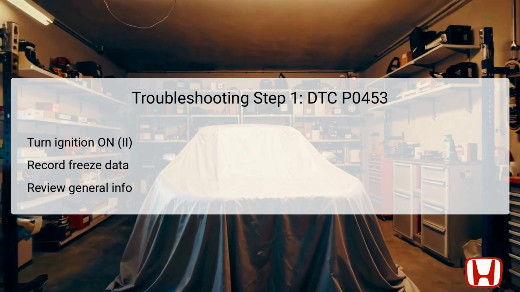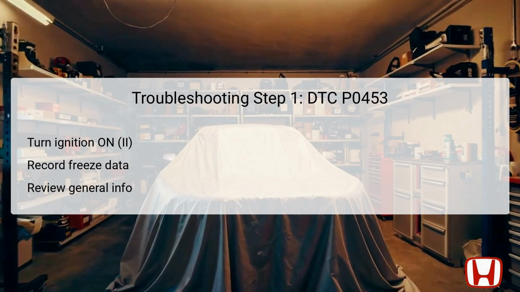For the first troubleshooting step related to DTC P0453, you will begin by turning the ignition switch to the on position, specifically to position 2. This powers on the vehicle's electronic systems without starting the engine, allowing you to access diagnostic modes. It is important at this stage to record all freeze data and any onboard snapshot.